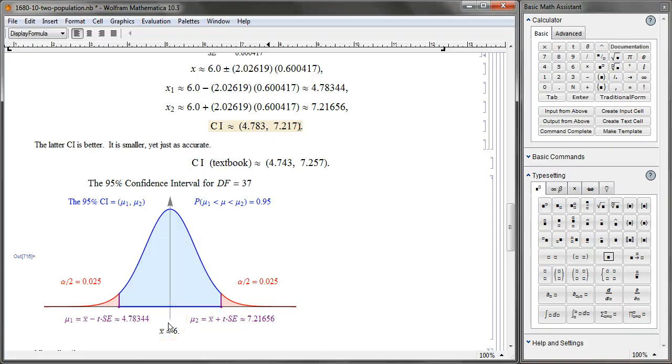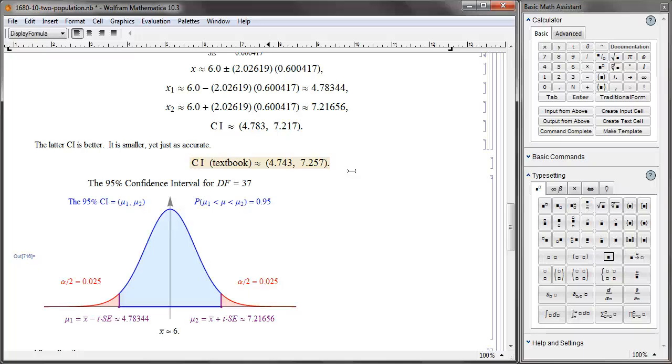Now, which is better? Certainly this highlighted one, this presented one, is better because this is smaller than the textbook's confidence interval. Same confidence level, 95%, but the textbook gave us a larger confidence interval, consequently a larger margin of error.